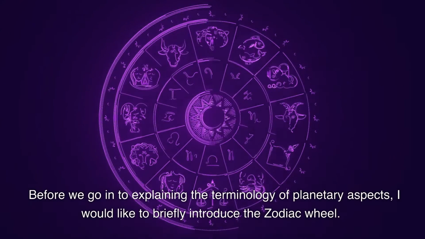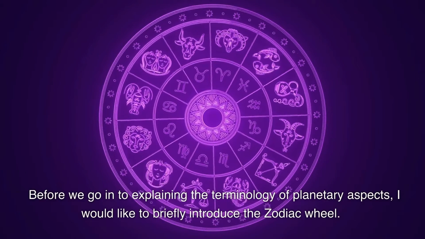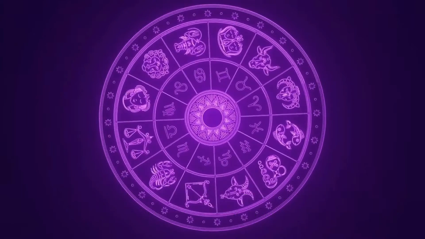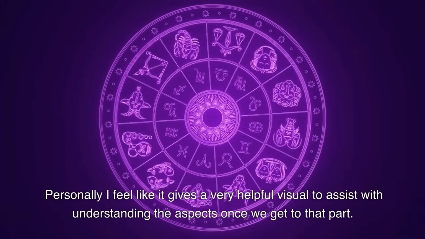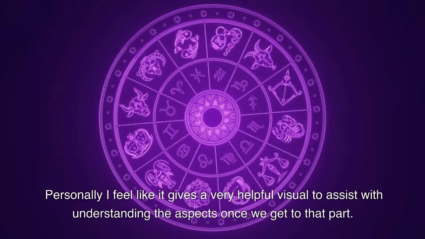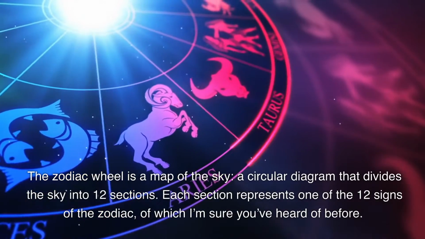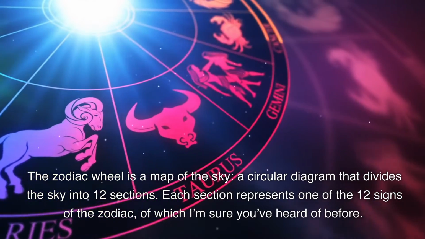Before we go into explaining the terminology of planetary aspects, I would like to briefly introduce the zodiac wheel. Personally, I feel like it gives a very helpful visual to assist with understanding the aspects once we get to that part. The zodiac wheel is a map of the sky, a circular diagram that divides the sky into 12 sections.